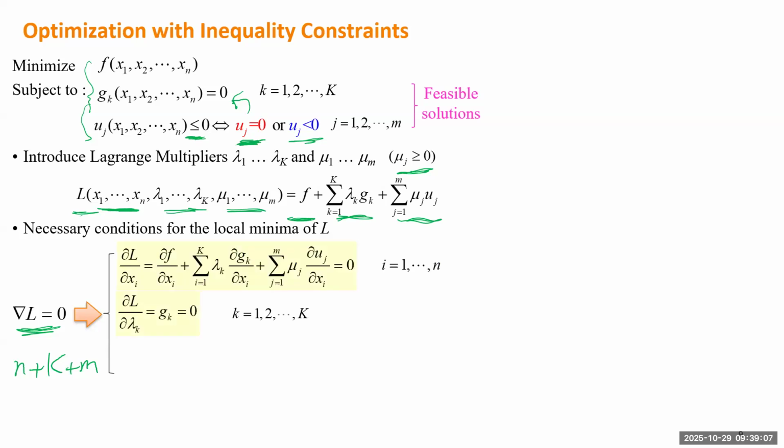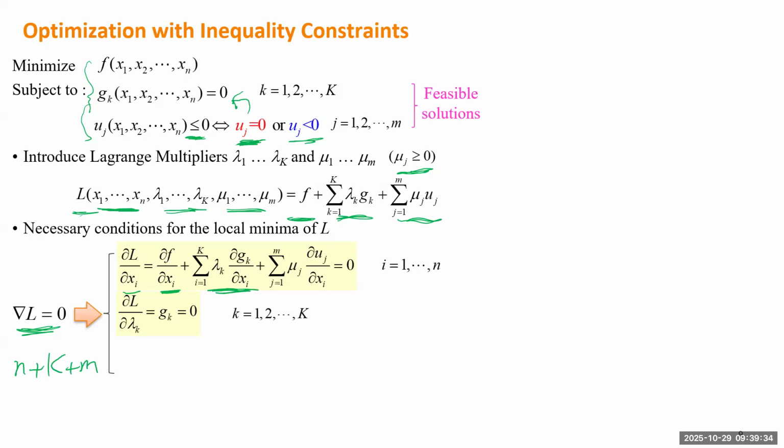Let's first calculate those elements with respect to x and lambda. They are basically similar to the optimization with equality constraints. So partial L by partial x will be the partial f by partial x, the original gradient element of the unconstrained problem.